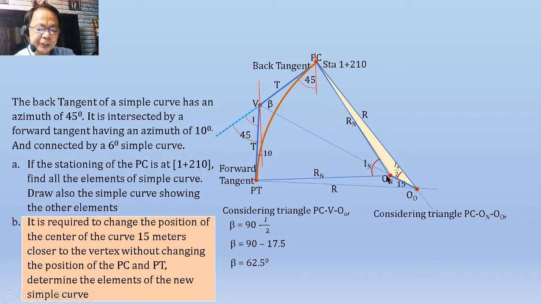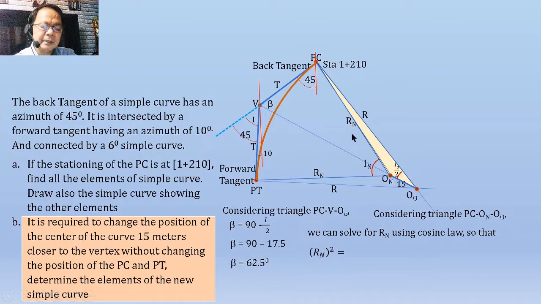And therefore, the third side, represented here by this R sub n, can be taken by the use of the cosine law. So we can solve for R sub n using cosine law, where the cosine law states that the square of that side, the opposite of the included angle I sub O over 2, is equal to the sum of the squares of the two other sides, R square and this 15 square, minus twice the product of R and 15 and the cosine of the included angle I sub O over 2.